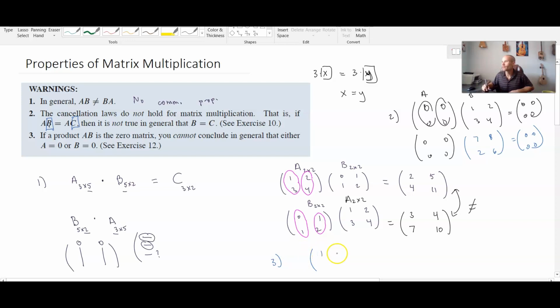How about we do 1, 5, 0, 0, and then we multiply that by, let's try this, -5, 1, 0, 0. So in this case, -5 times 1 is -5, plus 5 is 0, and -5 times 0 plus 0 is 0.